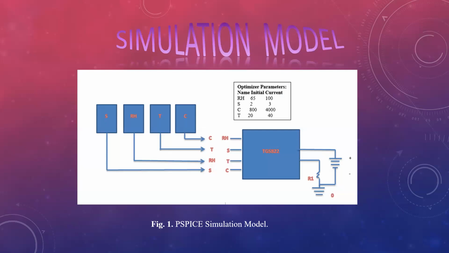T represents the temperature of the gas and C is the gas concentration. All those parameters will be detected by the simulator by using the ABM module, and by using an electrical circuit which has a set voltage equal to 5 volts and a resistance equal to 10 kilo ohm.